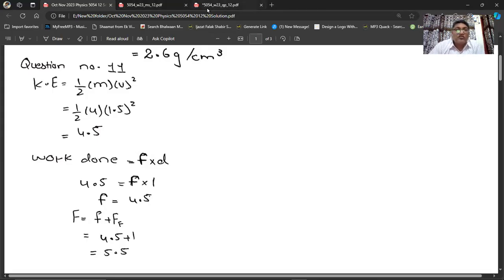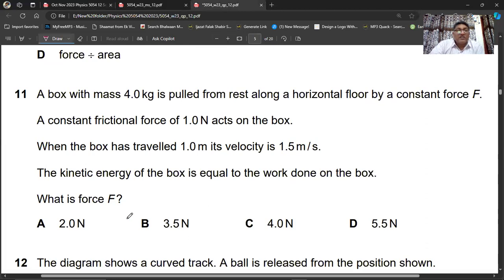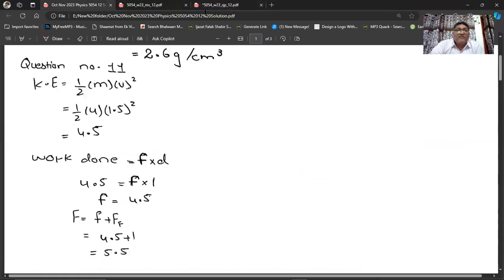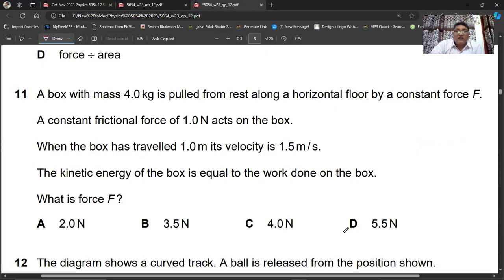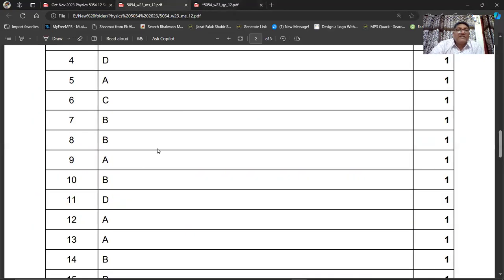So the force which you will apply, here you can see what is that F. A box with a mass pulled from rest along a horizontal floor by a constant force F. So the F will be how much? 5.5 Newton. Question number 11, D is the answer.